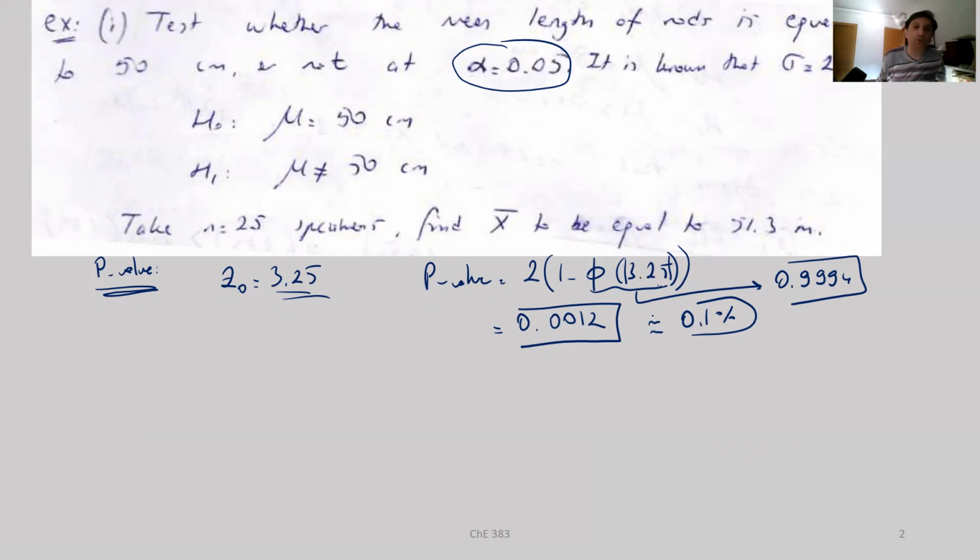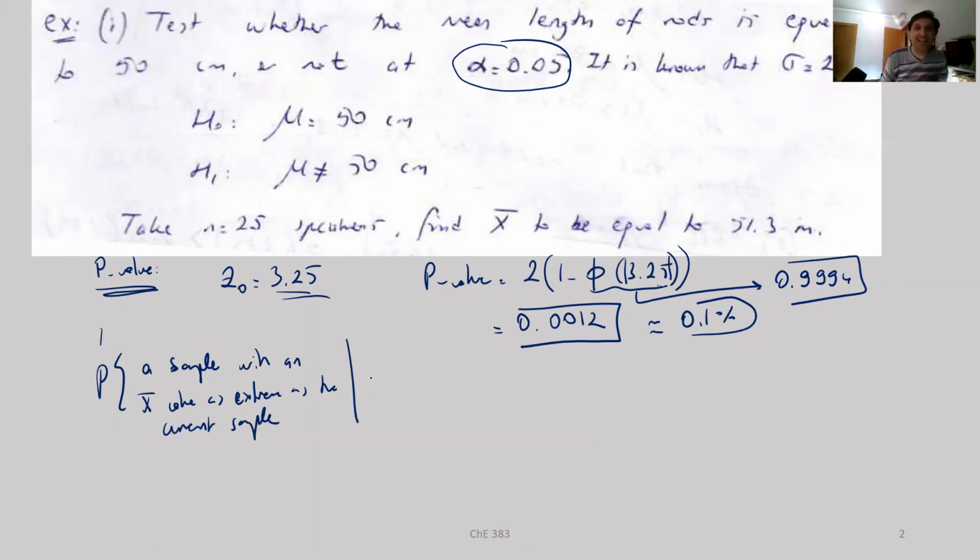And what does the p-value mean? Let's remember what this is. It is the probability of a sample with an x-bar value as extreme as the current sample, given that H0, mu is equal to 50 centimeters, which is actually equal to 0.1%.